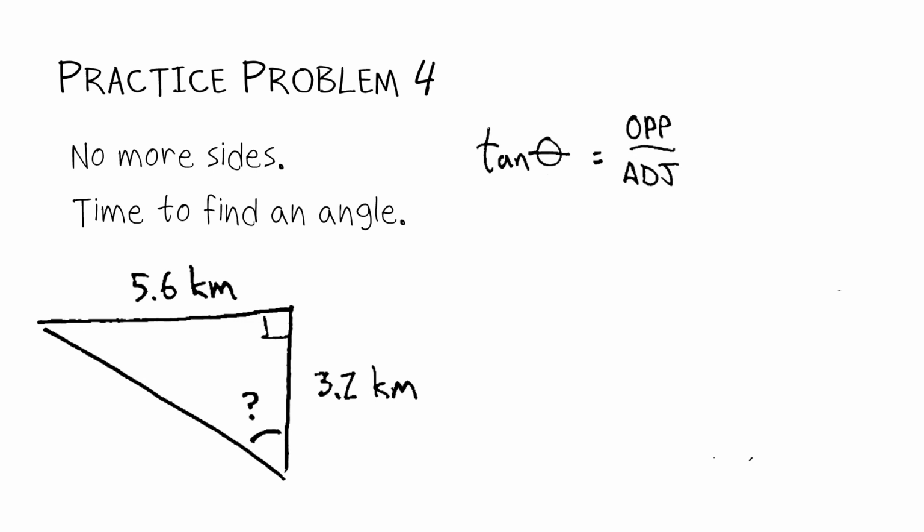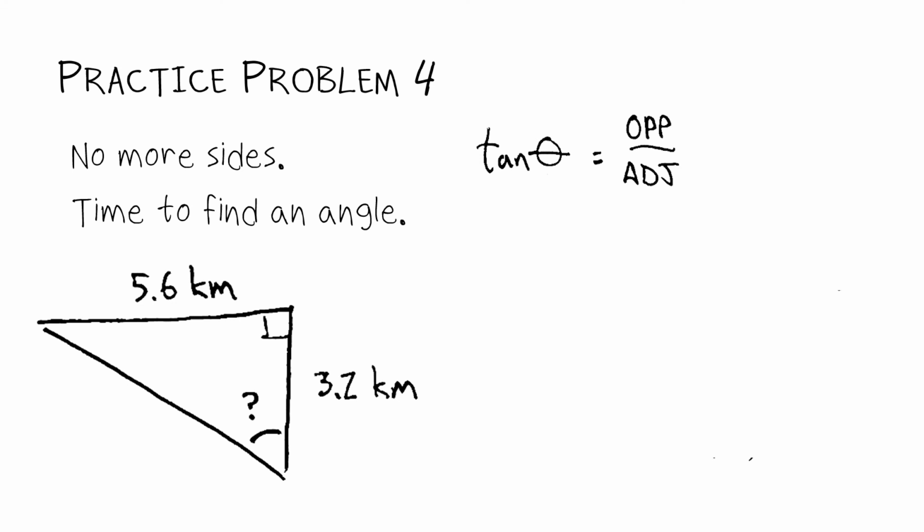So we've got a right triangle, even though it doesn't look extraordinarily like a right triangle. It's got the right triangle square in, so totally legit. Based on what we know, we have an angle that we're solving for, and we have 5.6 kilometers and 3.2 kilometers. Looking at that orientation, the side that we don't have any information about at all is the hypotenuse.